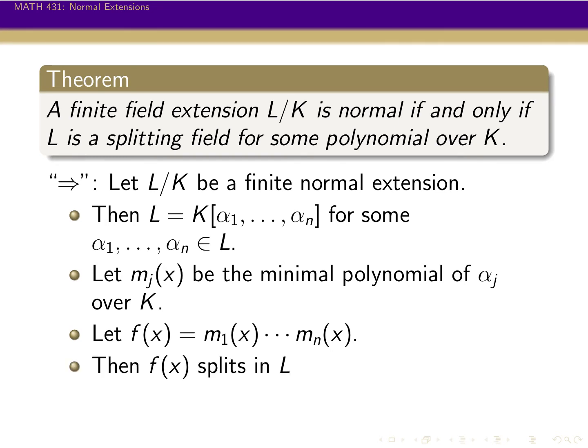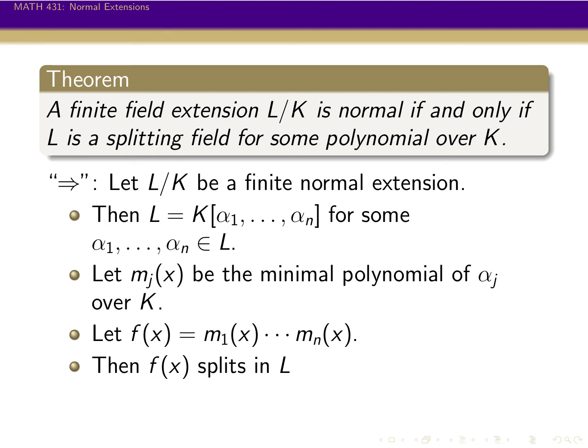Well, then f of x is going to split in L, because this is what it means for L to be normal. So since it has alpha 1, that means that the minimal polynomial for it, m1, has to split. Since it has alpha 2, that means that the minimal polynomial for alpha 2 has to split.